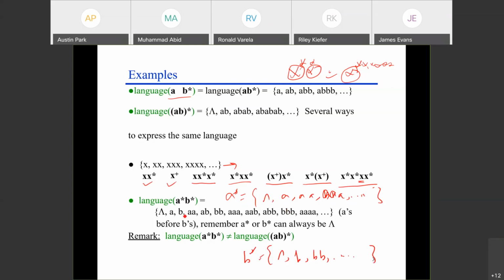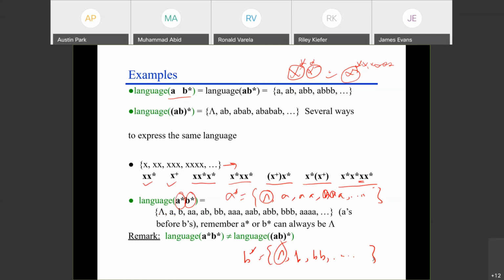Now, if we write a language, A will always be in the leading position, B will always be in the following position, and you might have lambda from here and lambda from here, and two lambdas concatenated give you lambda. 1A, 1B, 2A's, AB, BB, 3A's, all possible combinations. But if you have both A and B, you will never see B in the leading position.